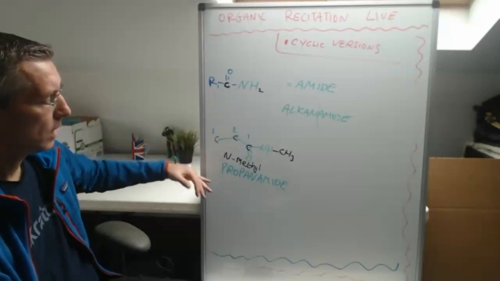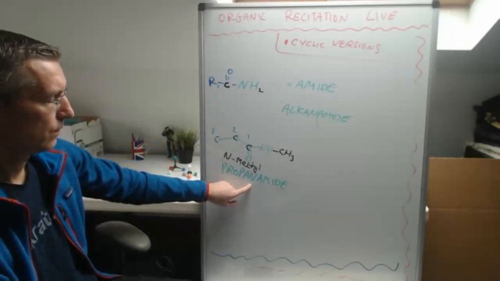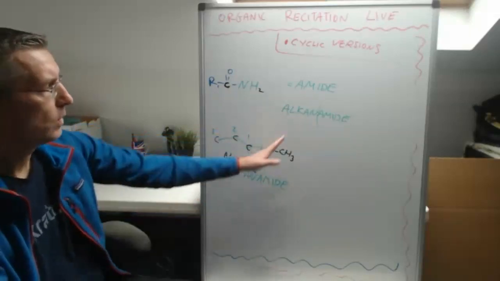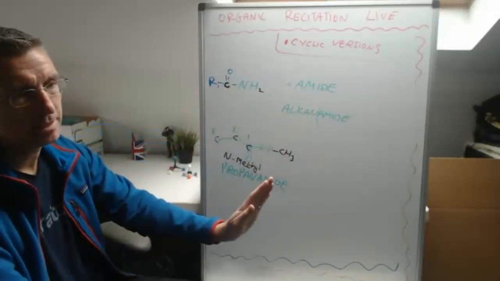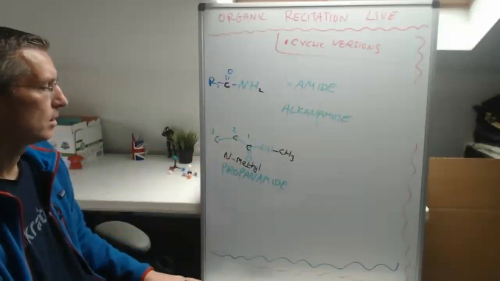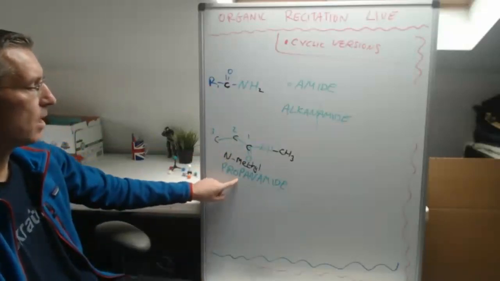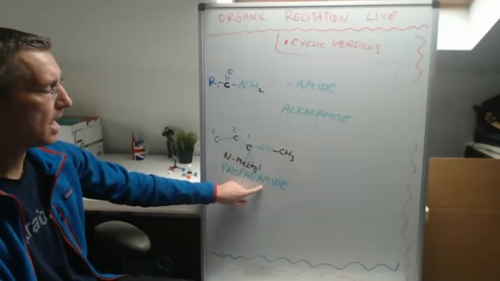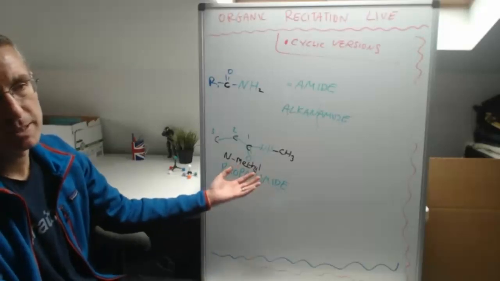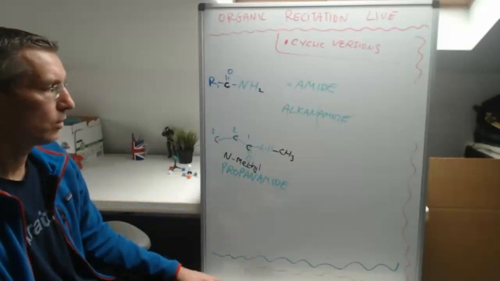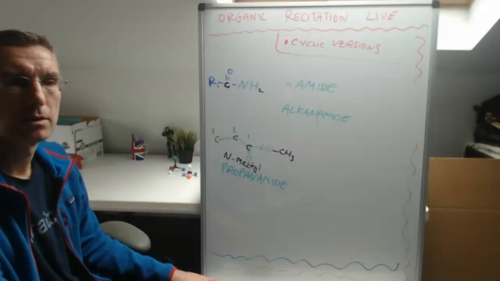So again, notice very precisely that these are alkanamides. We've dropped the end E off the parent alkane name. So if you write propaneamide, that would be a spelling error that you would then be docked for on exam 3.